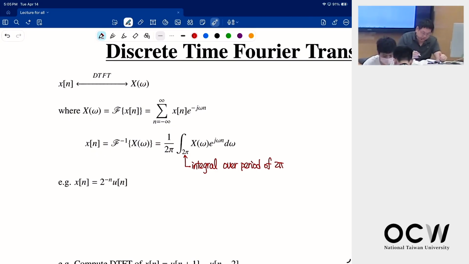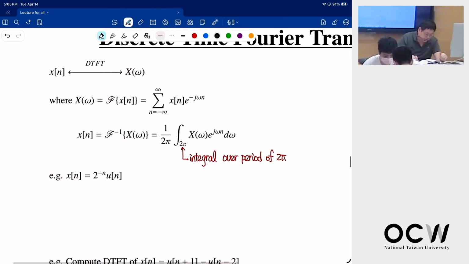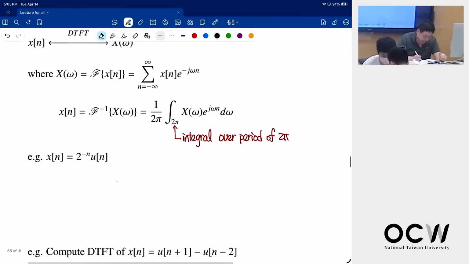For example, this is our signal. Okay, let's plot this signal first. This signal looks like decreasing.